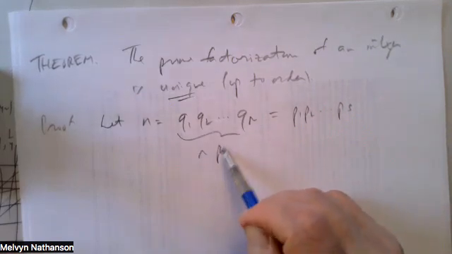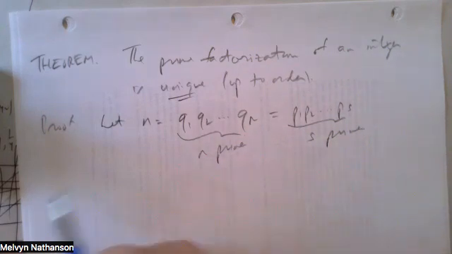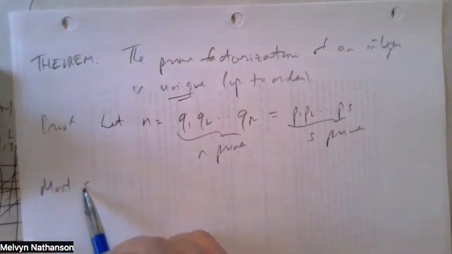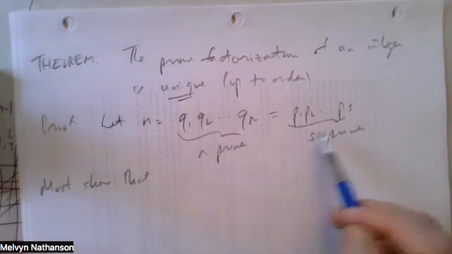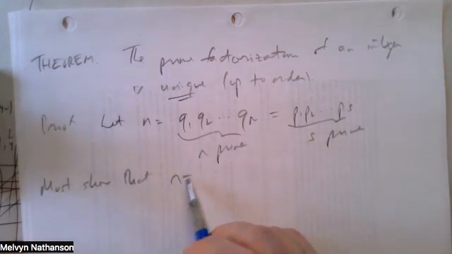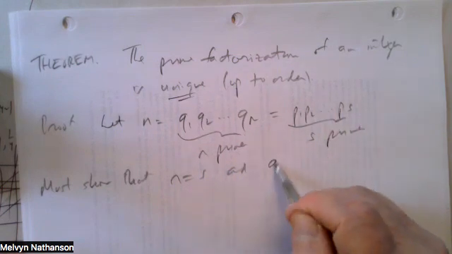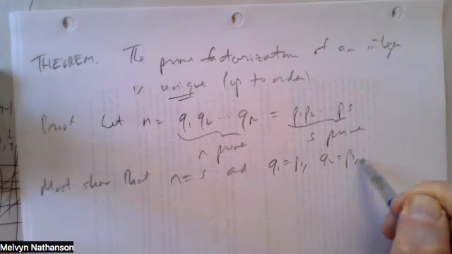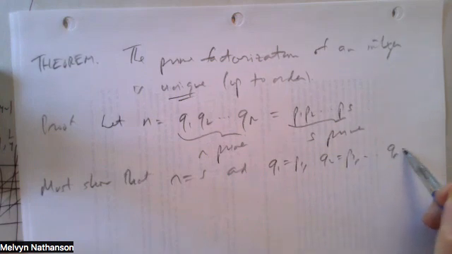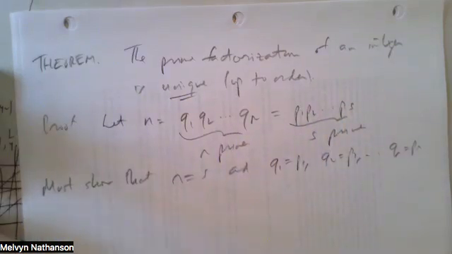So these are r primes, and here we have s primes, and we must show that, in fact, the number of primes on both sides of the equation is the same, r equals s, and once you rearrange it, q1 is p1, q2 is p2, and so forth, q sub r is p sub r. That is, these are exactly the primes in some order.